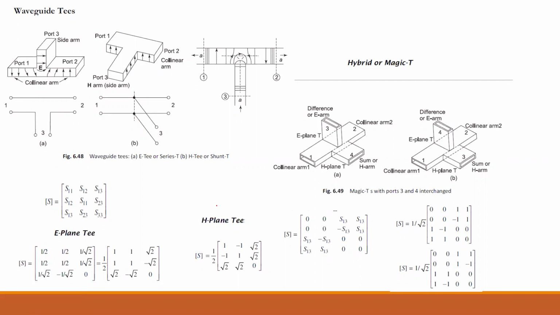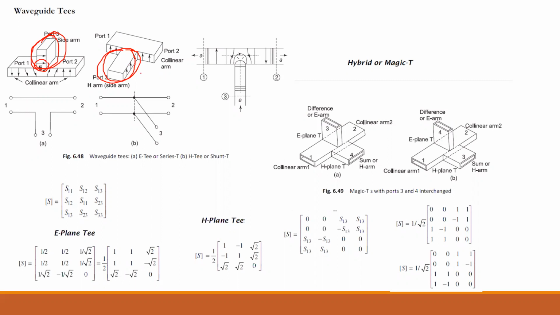Now here we can see that there are two types. In one, you can observe that the electric field is present. This is called the E arm, and the other one has the magnetic field components. It is because of these orientations. In this arm only the electric field will be available, and in this kind of structure only the magnetic field will be available. Such elements give us the waveguide T's.